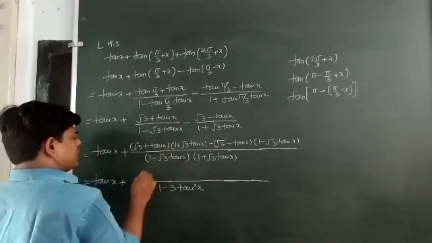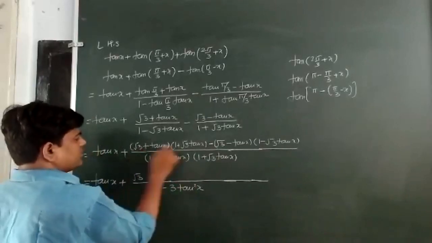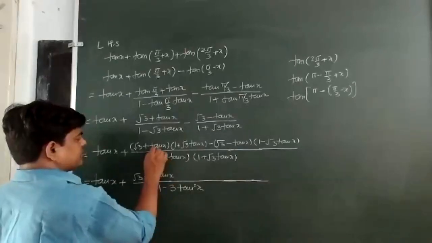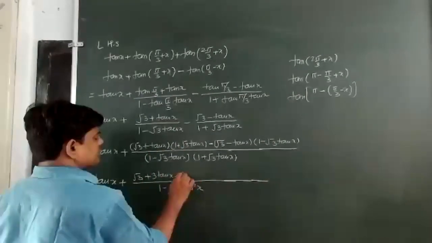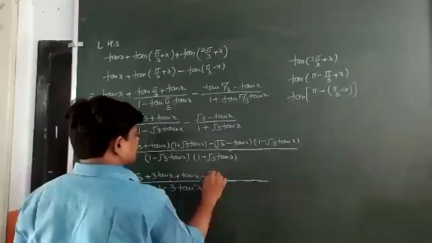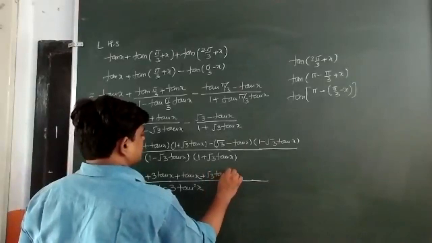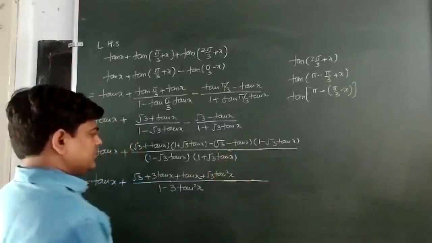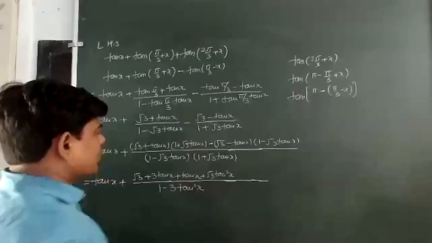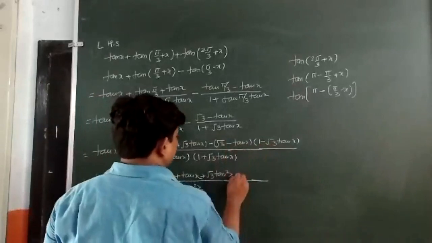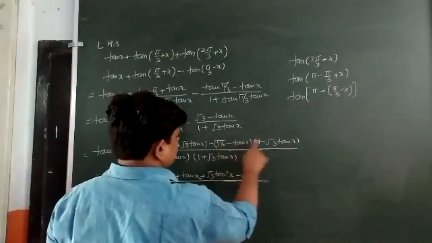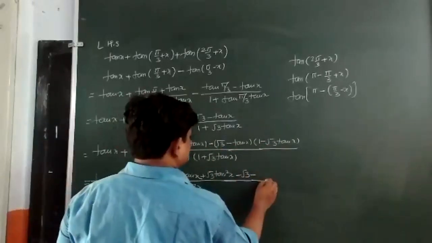Then you can see that I simplify it with root 3 plus 3 tan x plus tan x plus root 3 tan square x. That is what I have got here. Now, when I multiply root 3 into 1 into root 3 is minus root 3. This is with plus, but this minus will make it minus again.